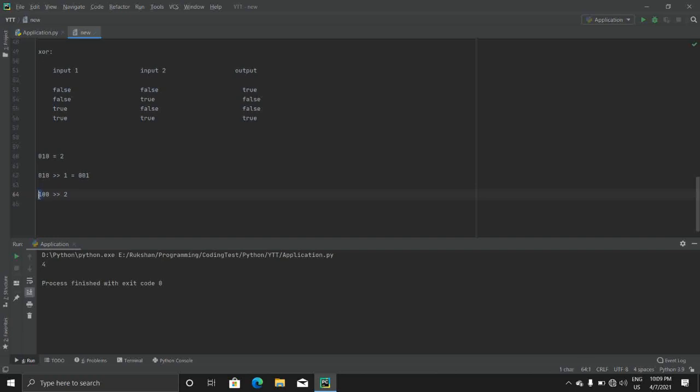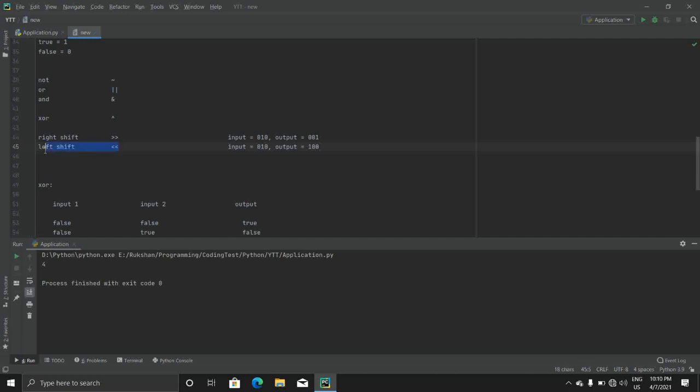Then this takes that true bit and moves it to the right side twice. Then this is equal to this. And if we use that value again, we shift one time to the right, and this is equal to 0 1 0.